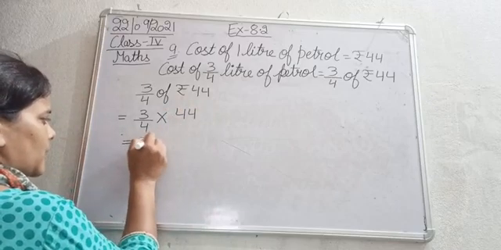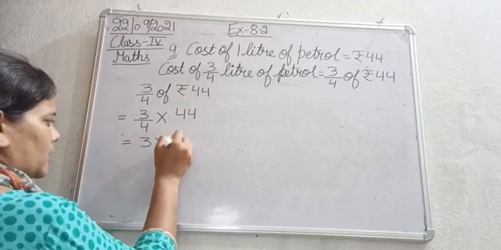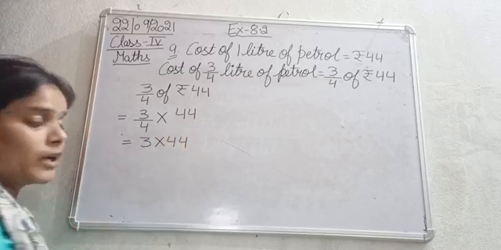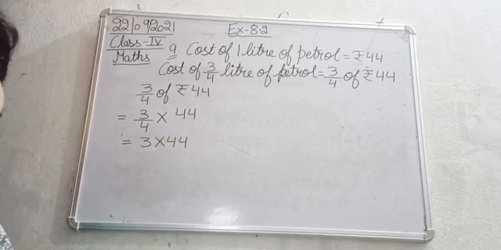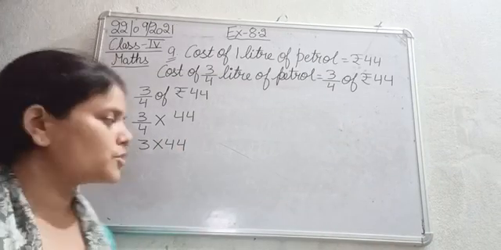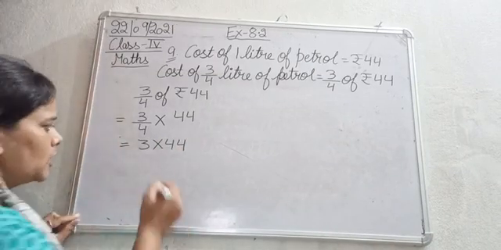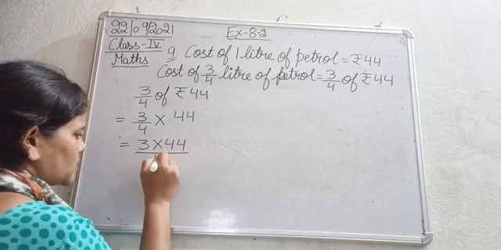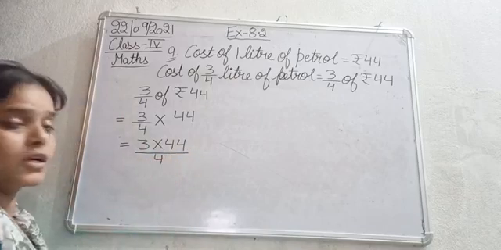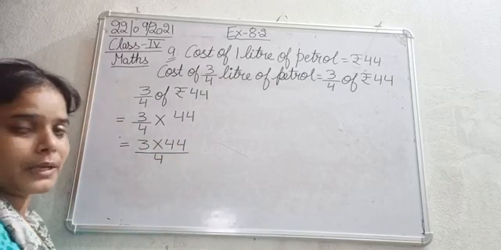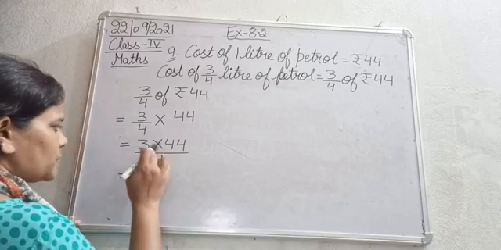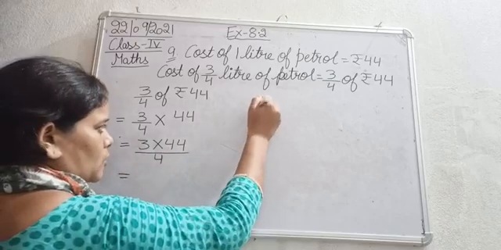So 3 multiplied by 44. So the 3 upon 44, and the common denominator is 4. So 3 into 44 over 4.